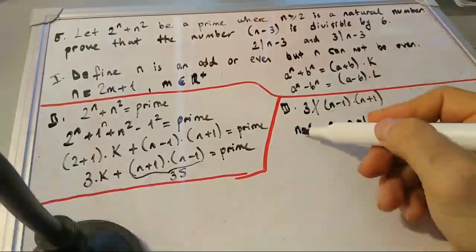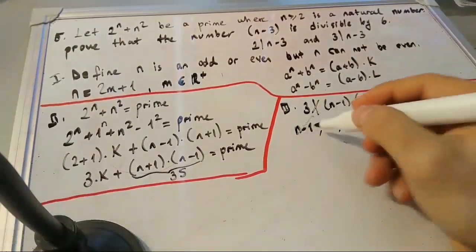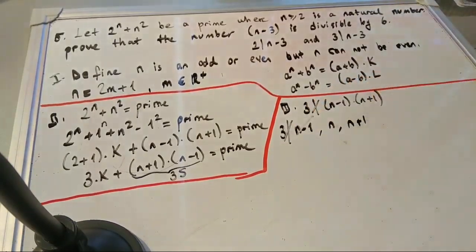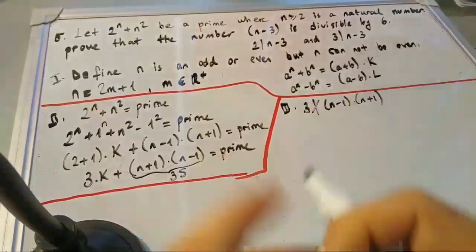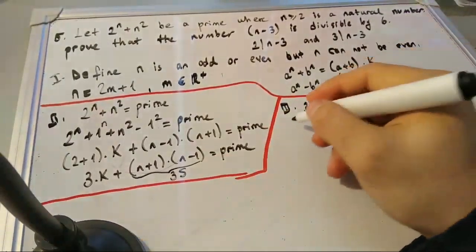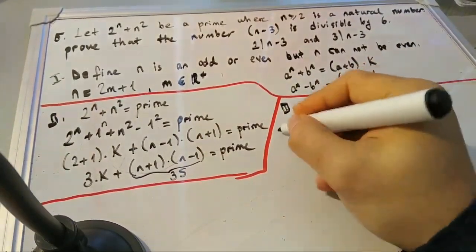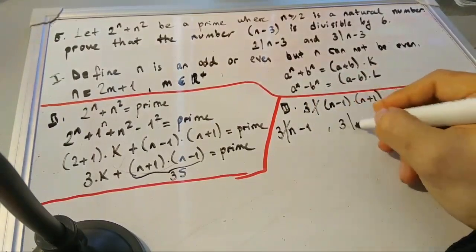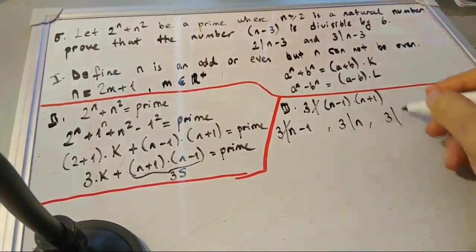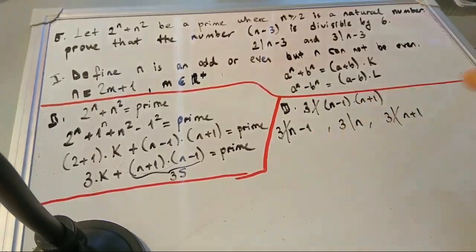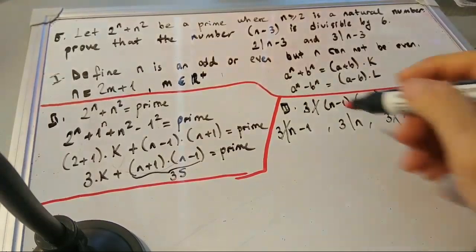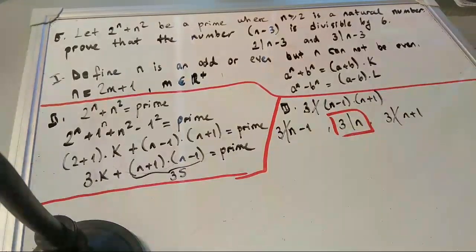If n minus 1 and n plus 1 are not divisible, so n is divisible by 3, right? n minus 1 is not divisible, so n is divisible by 3, and here n minus 1 and n plus 1 cannot be divisible by 3. So we got it. It's important for us that n is divisible by 3.